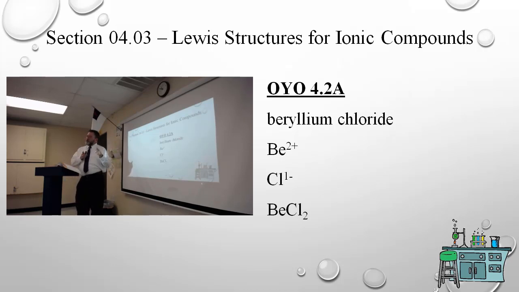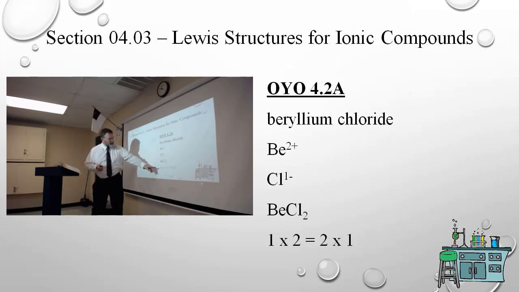Now, what I want to encourage you to do is look at this and say, okay, this molecule has to have a net 0 charge. Let's check it. To do the check, what I do is I write down how many, okay, this beryllium, how many of them do I have? 1. What is its charge? Positive 2. 1 times 2. I drop the positive or negative because in the ionic they're going to be opposite charges.